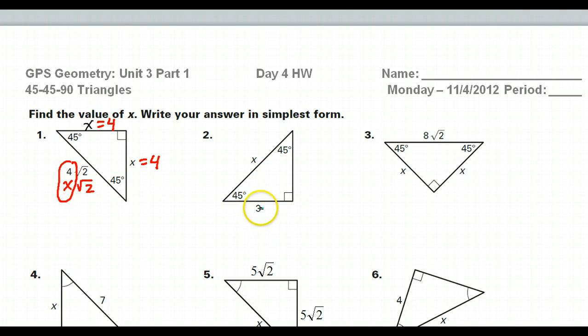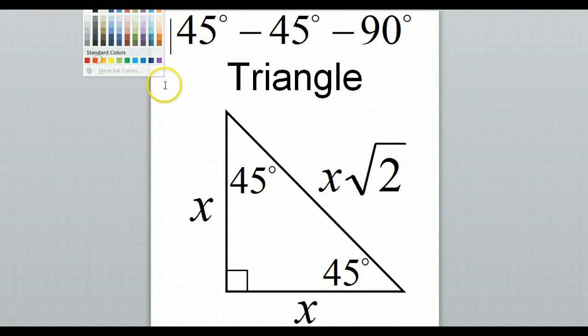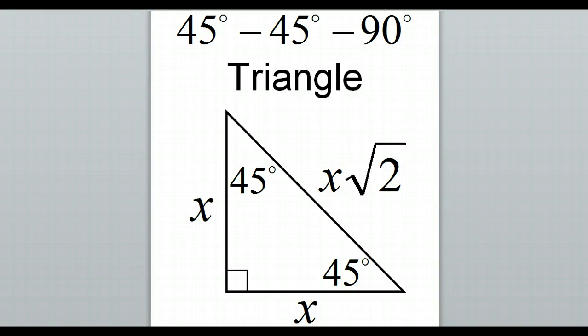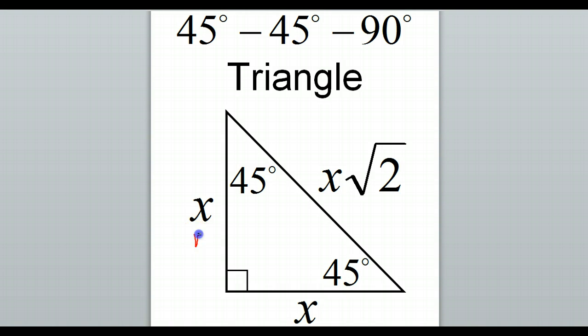Okay, so here are the legs again. So this is supposed to be, alright, instead of x's, this is x radical 2. Since I already have x's in this problem, I'm going to use n's this time. So let's look at this as n, and n radical 2. Okay, forget about the x's for a second.